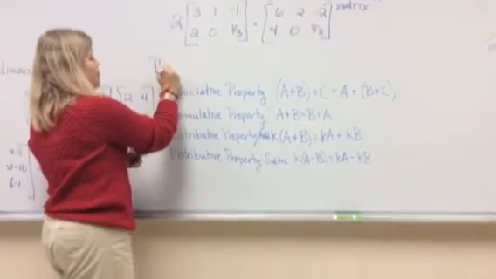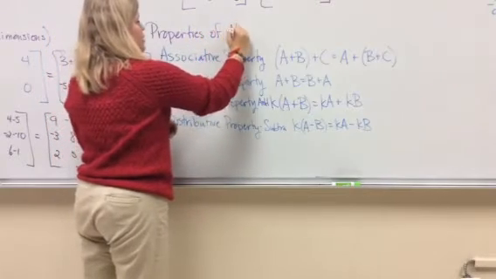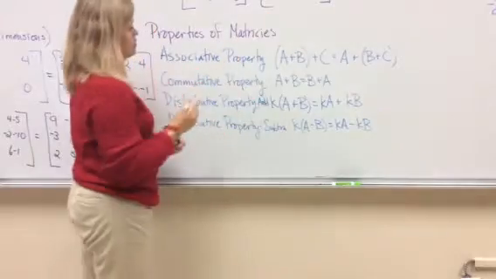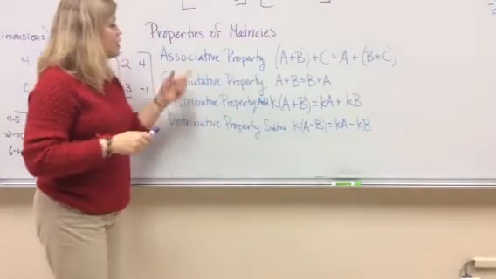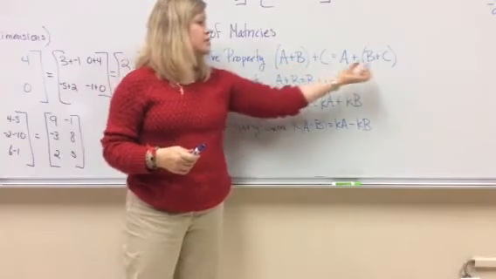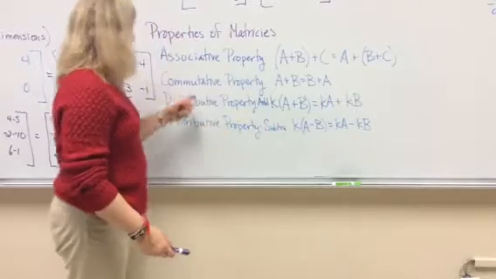Here are some properties of matrices. These things are all true. Associative. If you've got 3 in a row, it doesn't matter whether you add the first 2 or the last 2 first. Just like real numbers, it's the same.